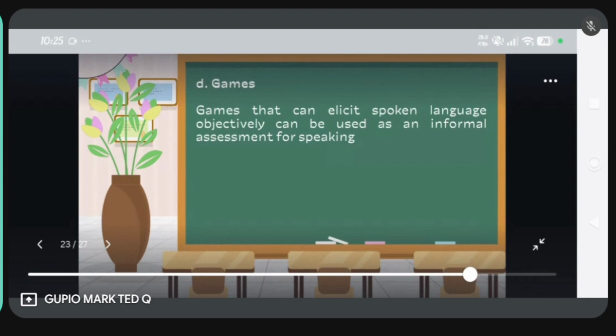So the last one is games. Games are one of the most engaging forms of interaction. Players follow rules, make decisions, and respond to other players.